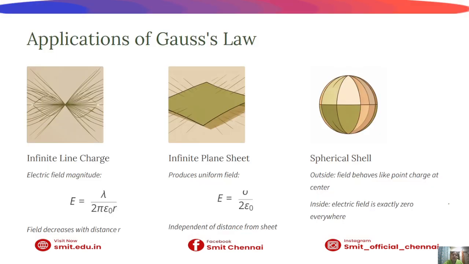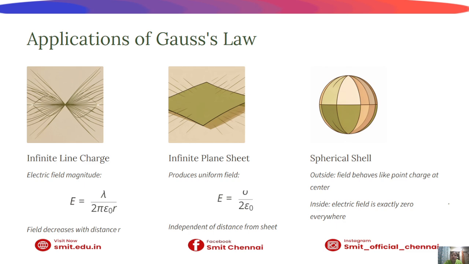Next, we see about the applications of Gauss law. Gauss law can be applied to determine the electric field intensity for different symmetrical charge distributions such as infinite line charges, infinite plane sheets, and spherical shells. For an infinite line charge, the electric field decreases with increasing radial distance from the line.